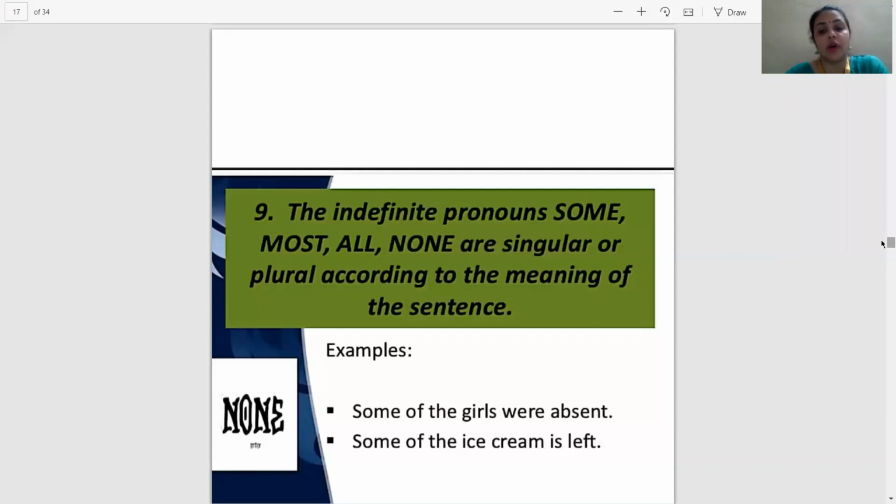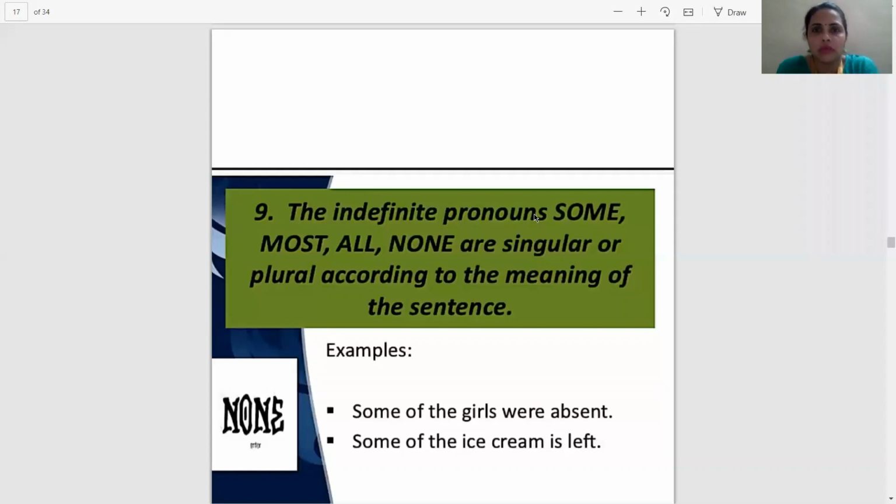Some of the girls were absent. Some of the ice cream is left. How to differentiate? Some of the girls means girls can be counted. We can count the countable nouns. I hope you know there are countable nouns and uncountable nouns. When you talk about uncountable nouns, with all these given words, the verb used is singular because they are uncountable.